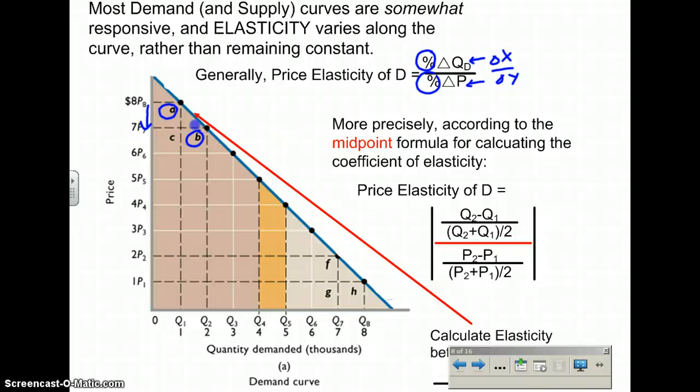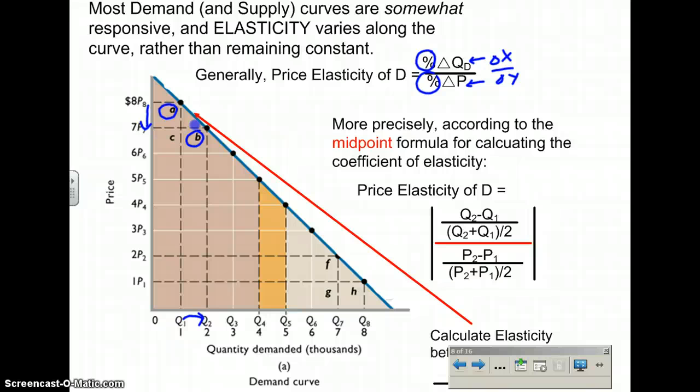And in this case, the price drops by $1, quantity increases by 1. But proportionally, this is enormous, right? Because the price has dropped by a fairly small percentage, around 12, 13, 15%. But the quantity demanded has doubled from 1 to 2. And we're talking about the relative magnitude of these changes.